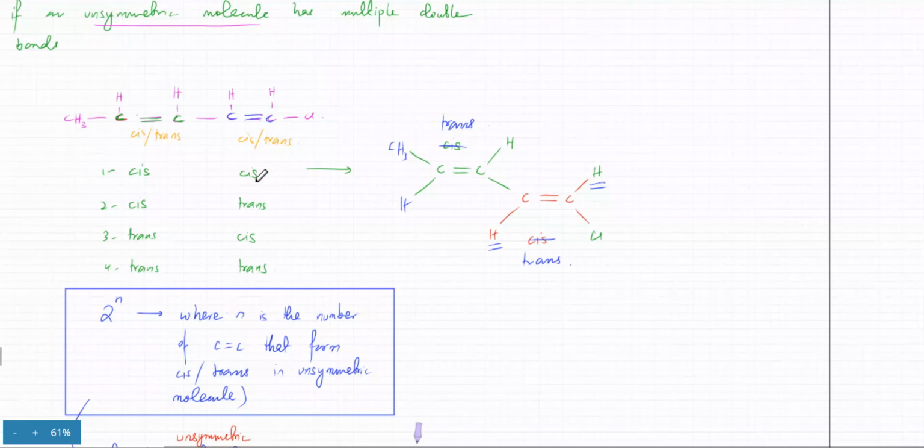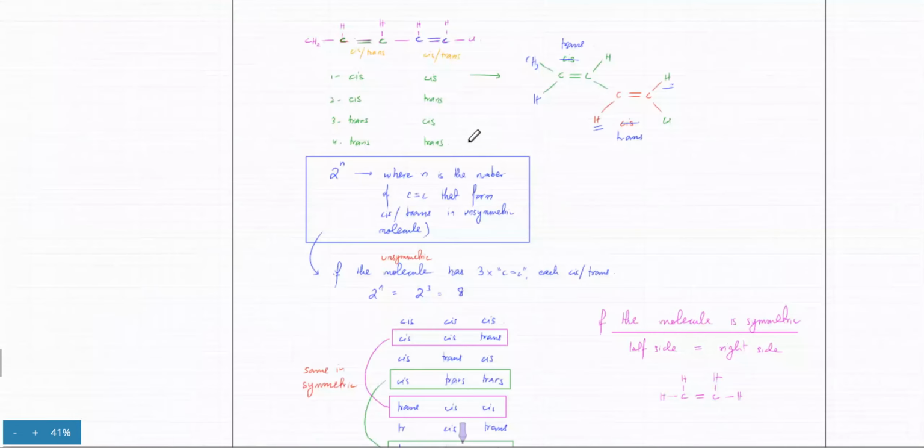So how many different combinations did you have? Four. Why? Because you could either have it in the trans version, or the H could be pointing upwards and the CH3 could be pointing downwards, so that could be a cis version, right? Do you get the point? So in total, you had four.